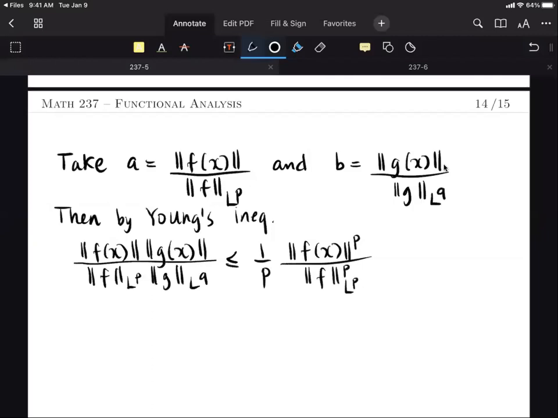Here we should have x and y, but let us remove this x and y for simplicity. Plus 1 over q times B raised to q. So that would be g of x raised to q divided by the LQ norm.